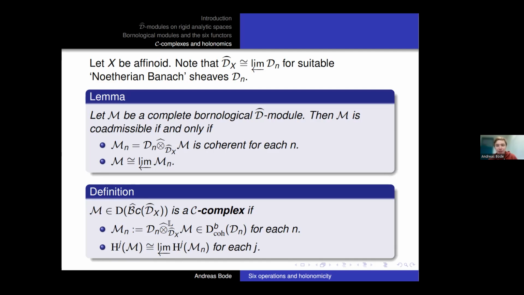And you can do this in this framework as a kind of whole subcategory of things of complete bornological nature. You can do exactly the same thing in this condensed framework. So these guys here also embed fully faithfully into a suitable category of condensed D-cap of X modules.